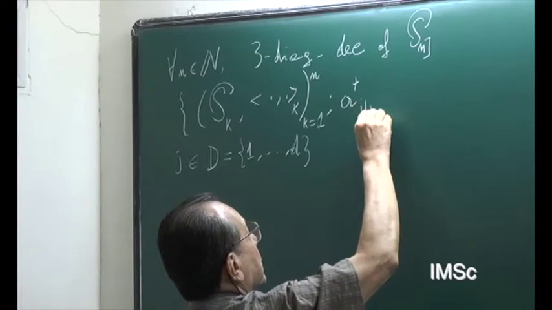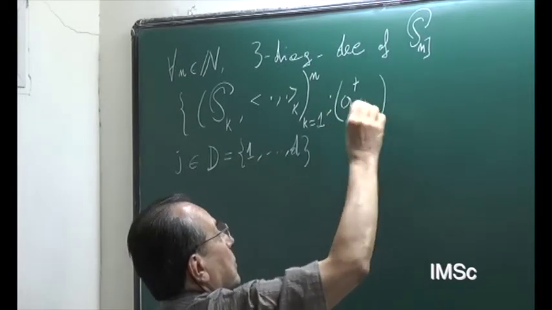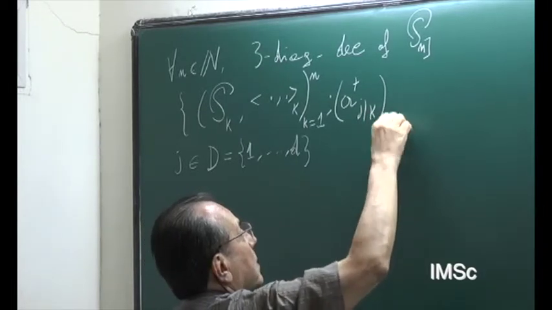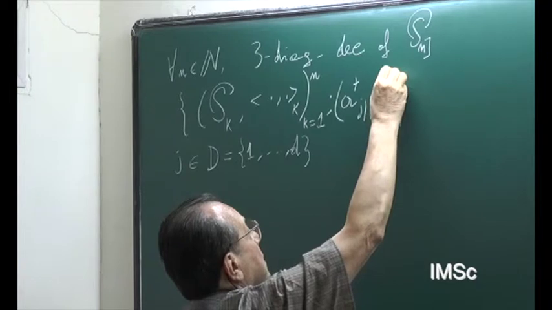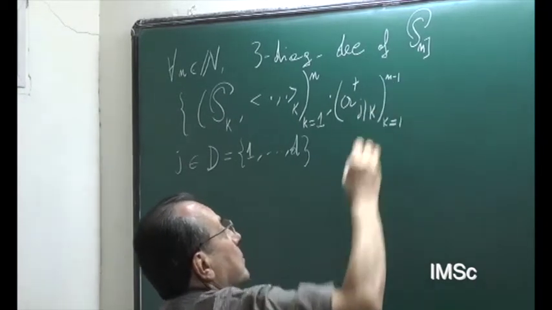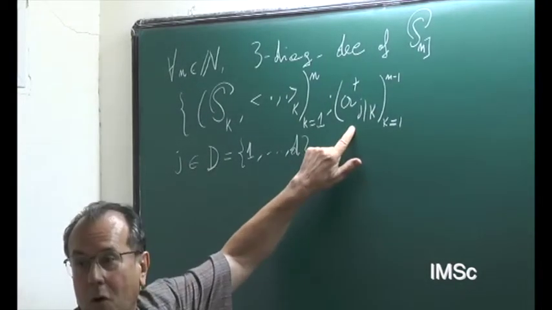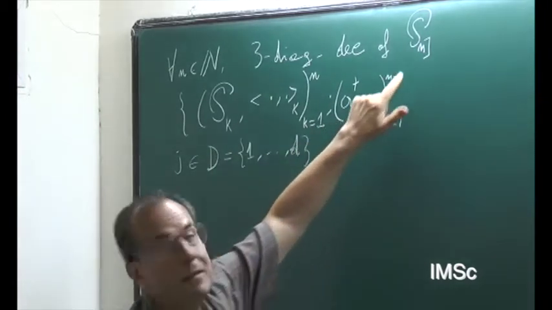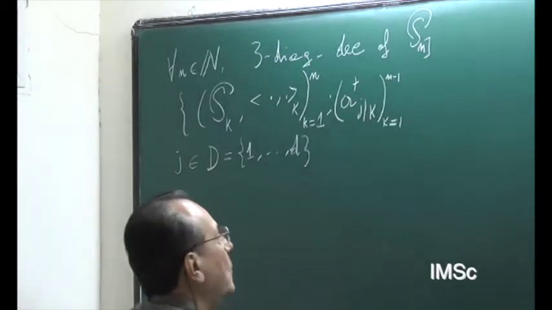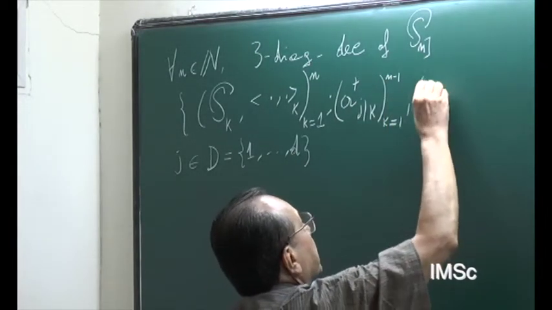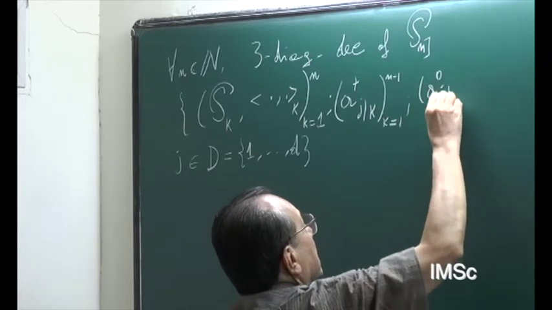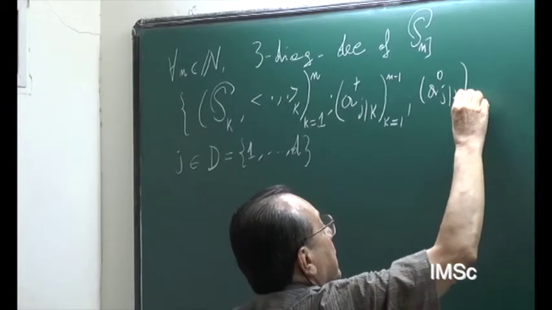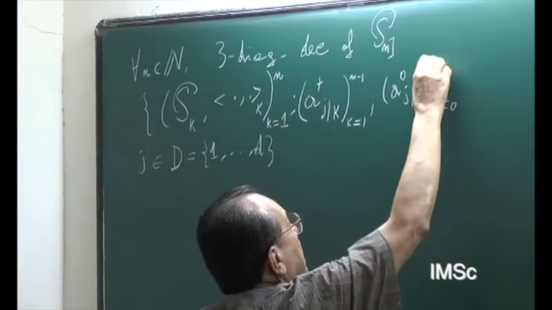And then we have j, k, and we have the creators that go from 1 to n minus 1, because it creates, and it will go from p_k to p_{k+1}. So the last index is n. And then we have the preservation operators that instead go from 0 to n.